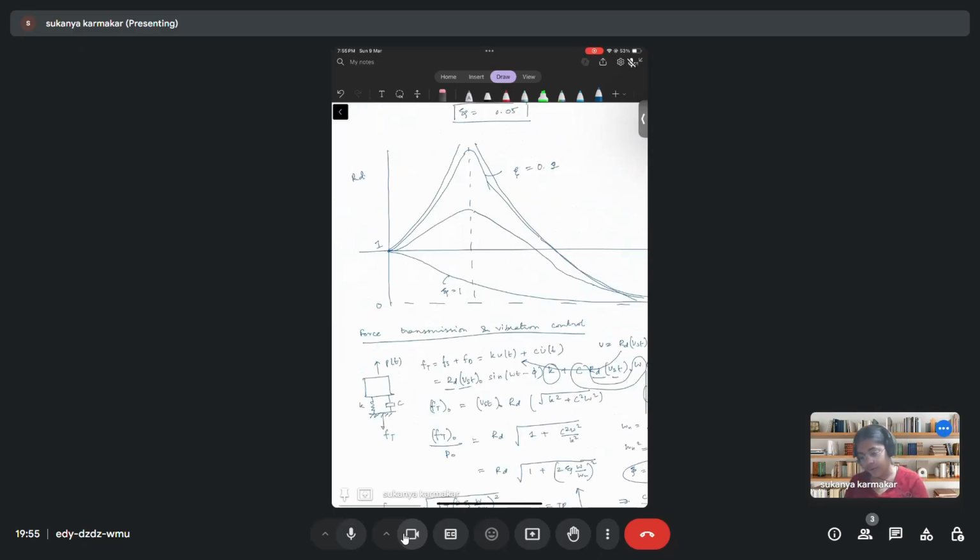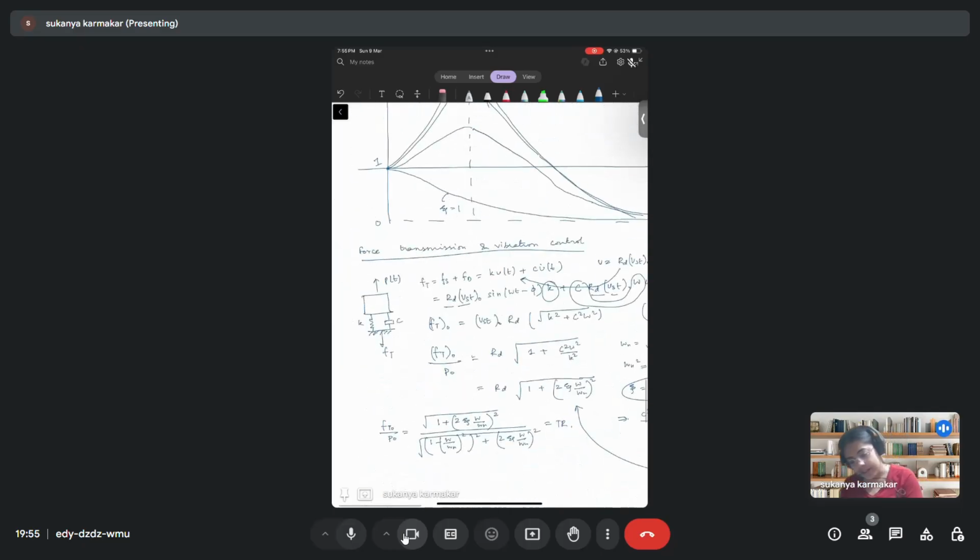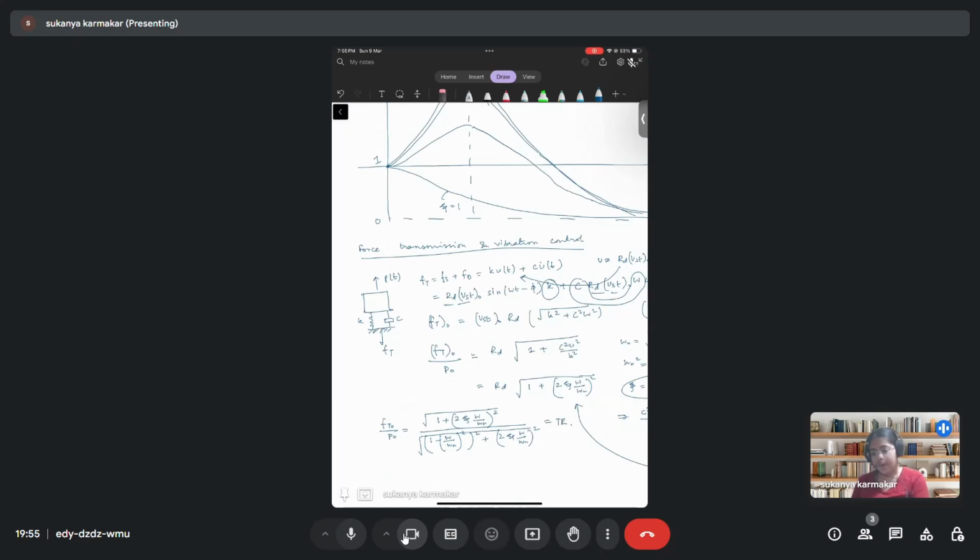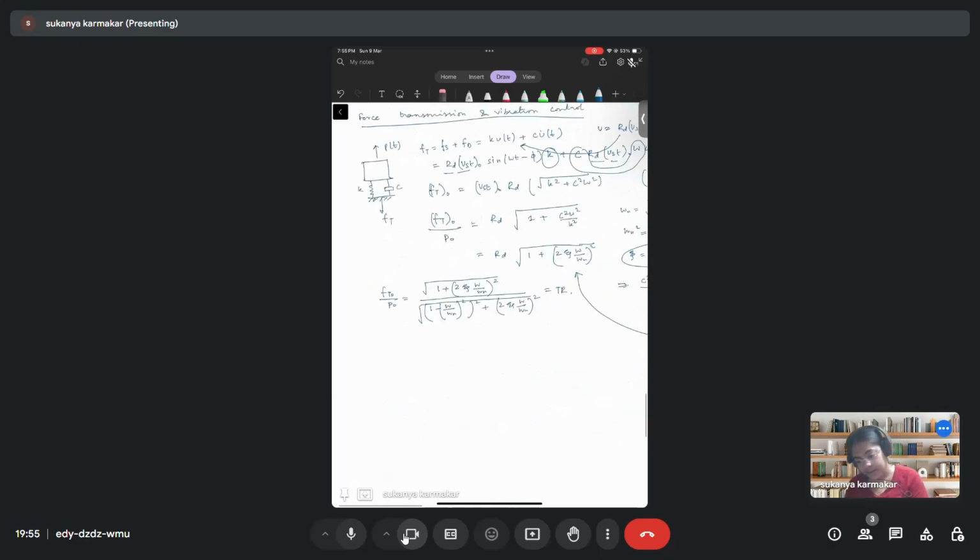Now what I want to do, instead of applying a force on the body, suppose I have a mass m, a spring K, a damper C, and suppose my ground itself is moving.